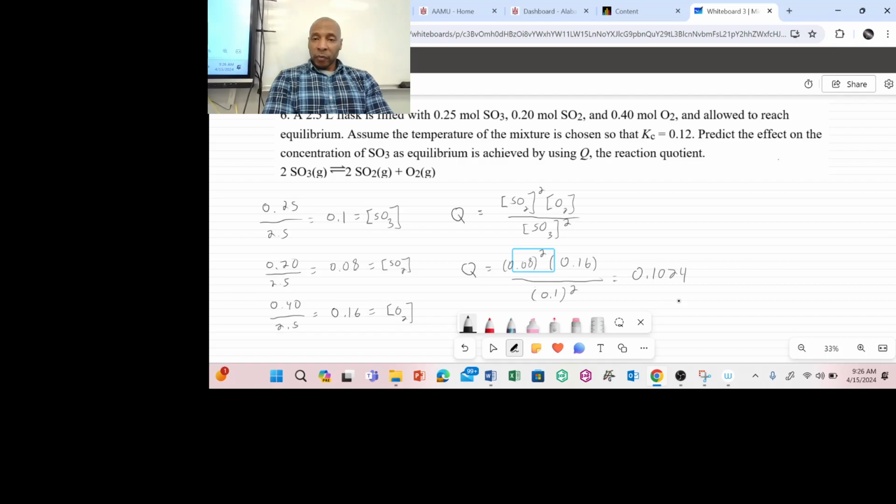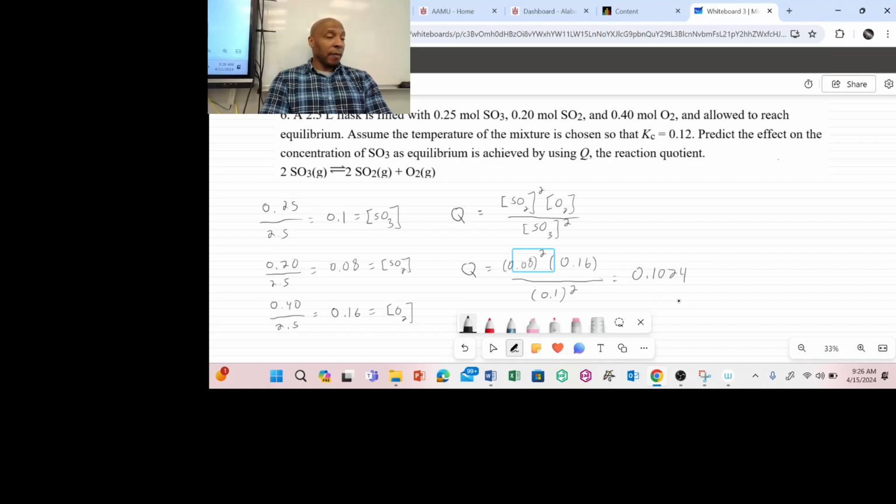So it says predict the effect on the concentration of SO3 as equilibrium is achieved by using Q, the reaction quotient. So keeping in mind that Q is less than K, and remember, Q becomes K, right? Since Q is less than K, the only way Q can become K is if my product concentration increases and my reactant concentration decreases.